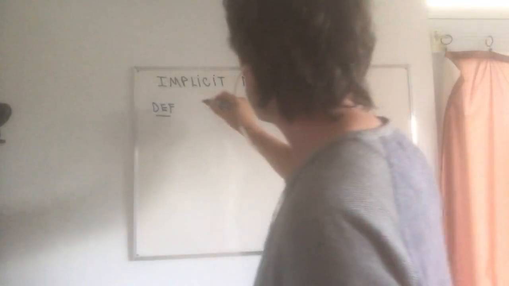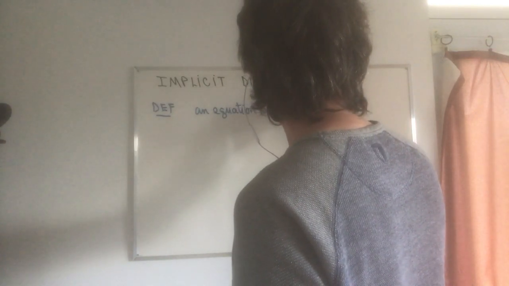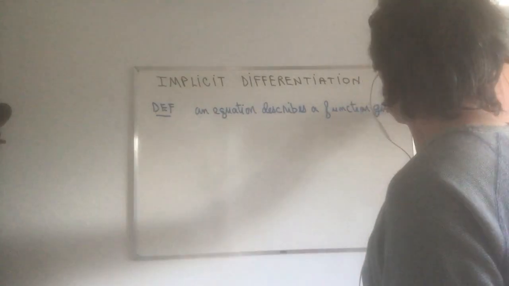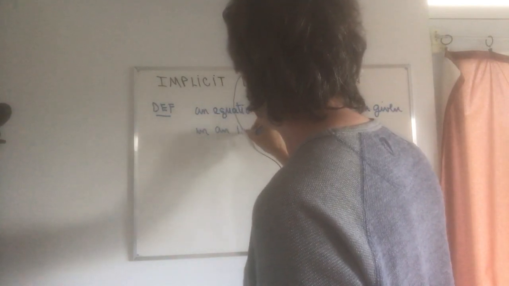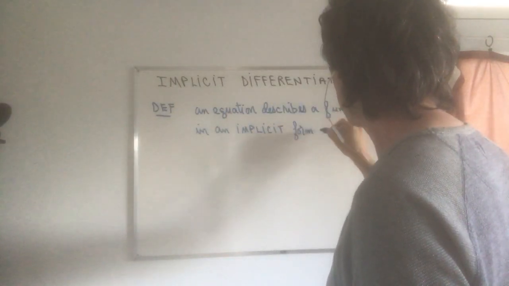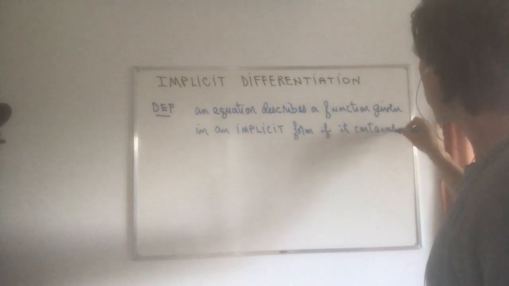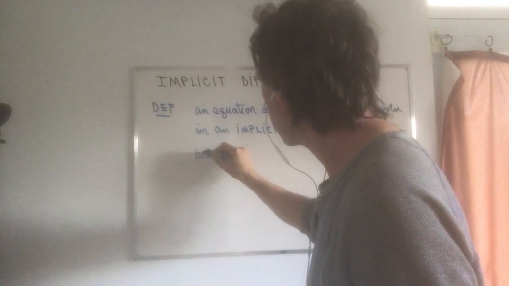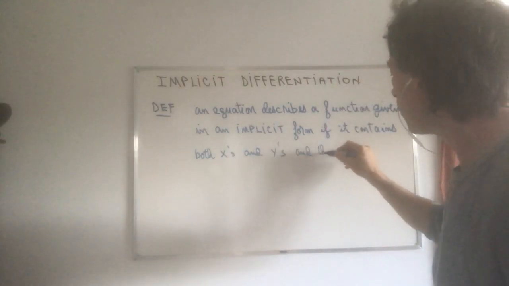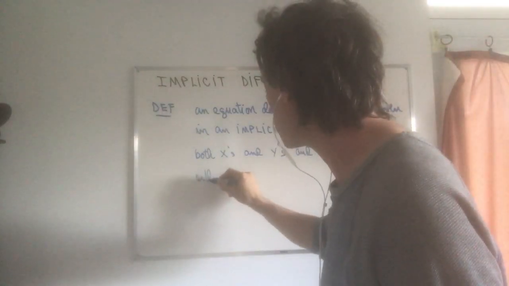So basically an equation describes a function given in an implicit form if the equation contains both x's and y's, and the y's are either difficult or impossible to isolate.